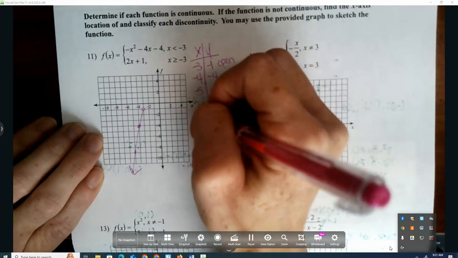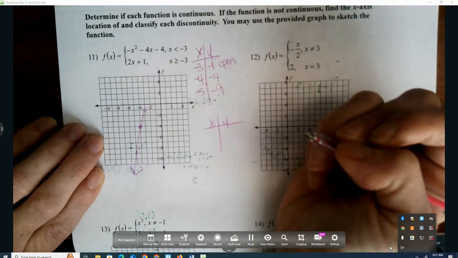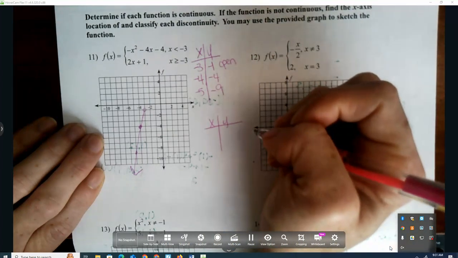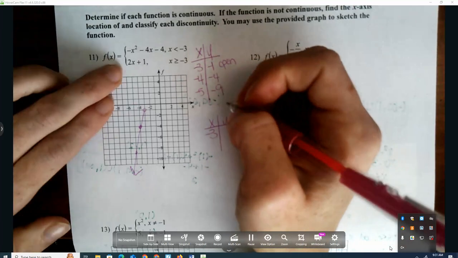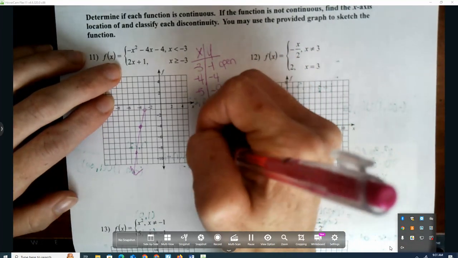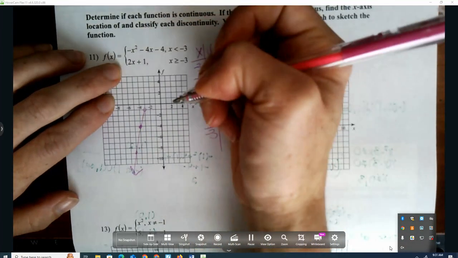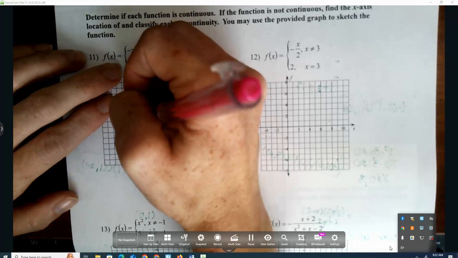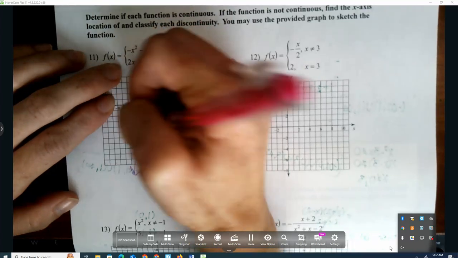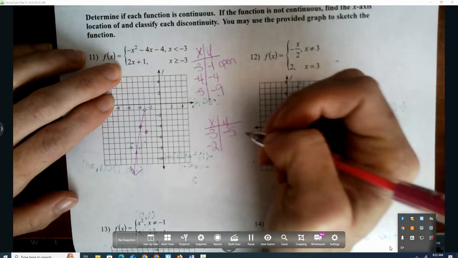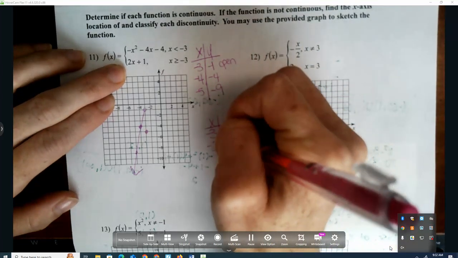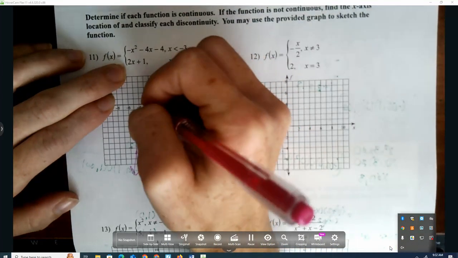The other piece, what do you have to plug in to start? But it would be closed because it was equal to. So -6 plus 1 is -5. If I put in -2, -4 plus 1 is -3.